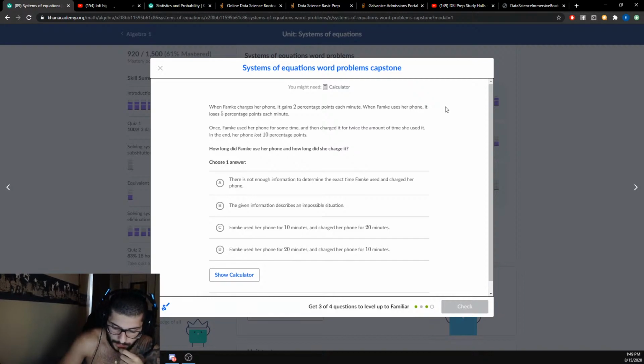So I'm going to say equals 60 seconds. When she uses her phone some time. So when she uses it, it's going to be 5y equals.